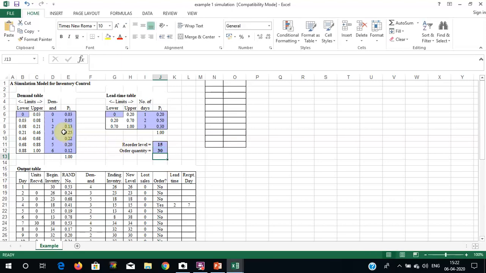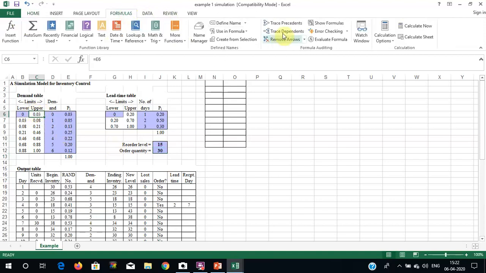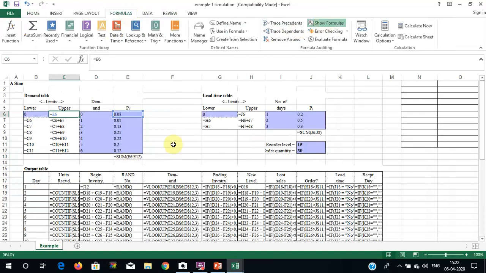And the demand table, you can quickly see here, demand follows a probability distribution.